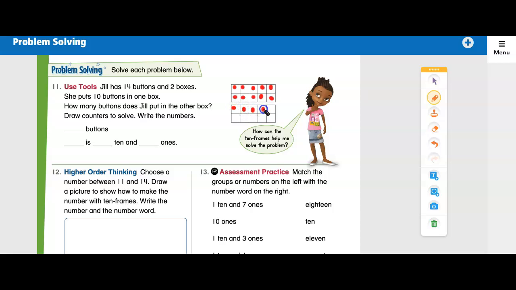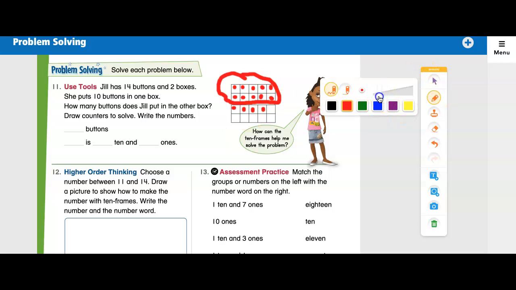It then tells us that Jill puts 10 buttons in the box. If she puts these 10 buttons in the first box, they want to know how many does she put in the second box.